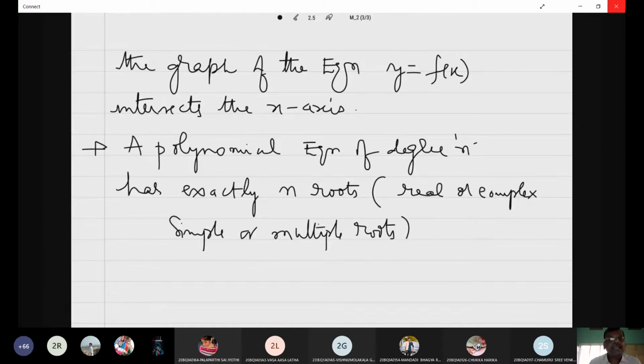Suppose the equation of polynomial degree, if it is an algebraic equation, is like this. Otherwise, the equation is a transcendental equation. Does it have the same solutions? Anyone? If it is an algebraic equation, no doubt it may have n exact roots, right?